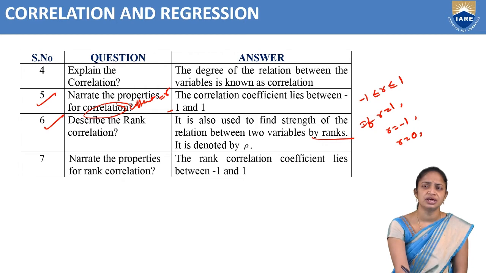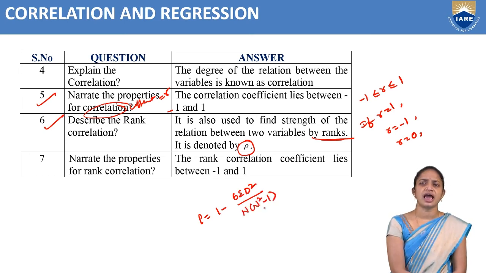That is called the rank correlation coefficient and it is denoted with rho, where rho equals 1 minus 6 sigma d square divided by n into n square minus 1. So this is our rank correlation coefficient.